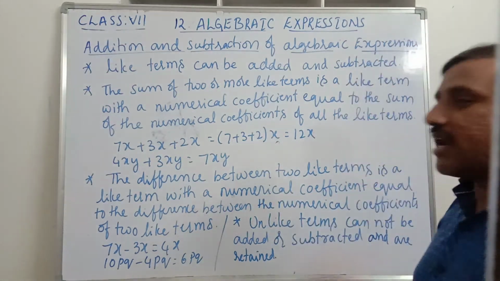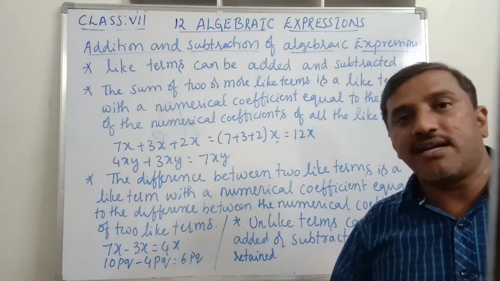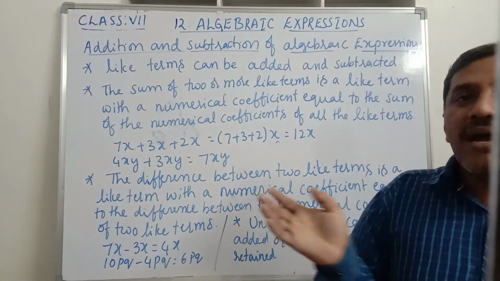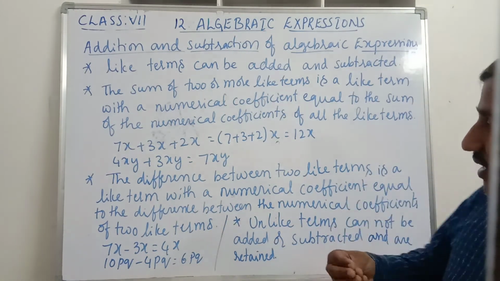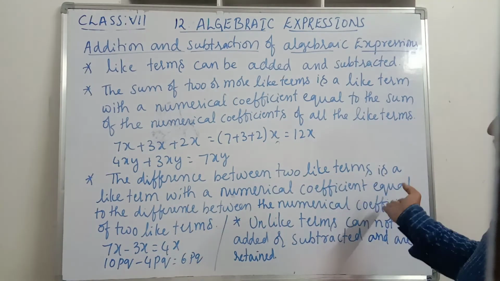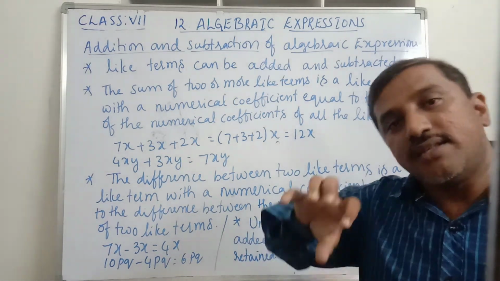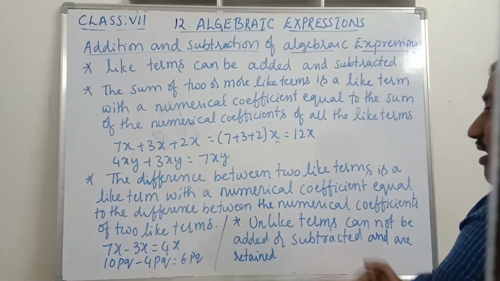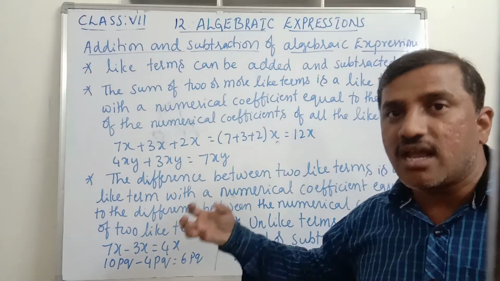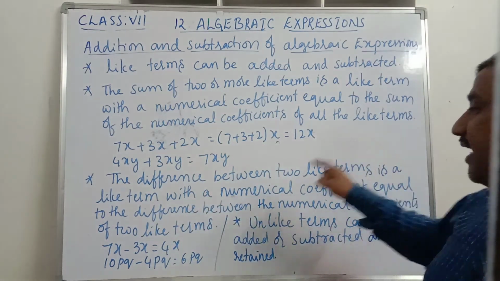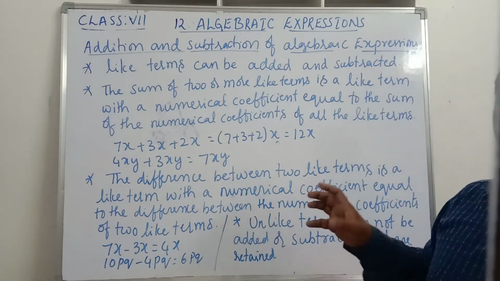Similarly, how do we subtract? The difference between two like terms, the difference being the result which we get by subtracting. The result which we get on subtraction is known as the difference. The difference between two like terms is also a like term, meaning they have the same algebraic factor with a numerical coefficient equal to the difference between the numerical coefficients of the two like terms.